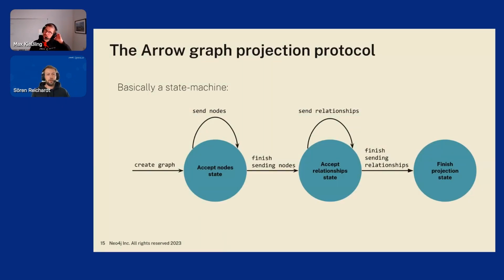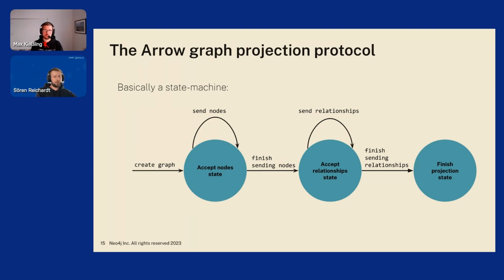So in order to understand how this protocol works in theory, we need to understand how a projection in GDS works. And the projection in GDS is a two-phase computation, basically. That means we at first need to send all the nodes data because GDS projections rely on consecutive ID space.